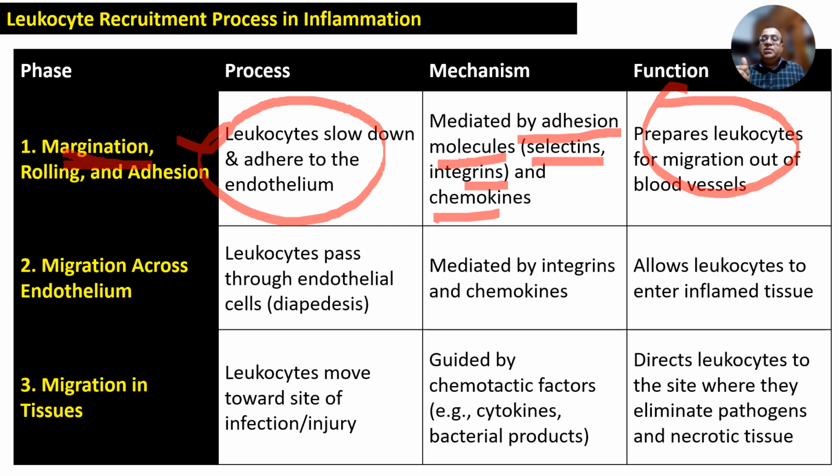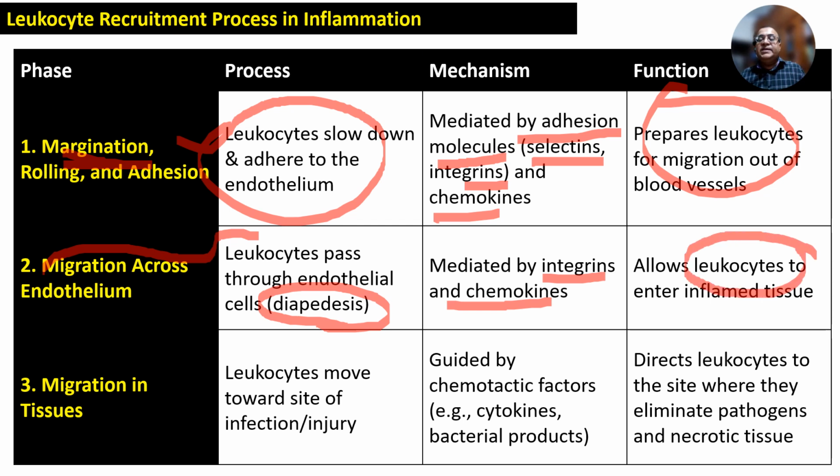Now it is prepared for the migration across the endothelium. The second step is mediated by integrin and chemokine, and the process involved is diapedesis. These allow the WBCs or leukocytes to enter the site of the inflammation.